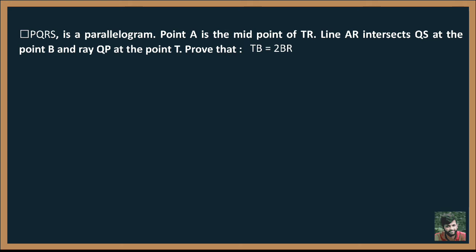Let's draw a figure, and the figure is something like this. First of all, you should know what a parallelogram is. You have already studied them in the 9th standard. If you don't know, I'll tell you in brief. PQRS is a parallelogram, which means the opposite sides of this figure are parallel and they are also equal, which makes PQ equal to RS, and QR equal to PS.